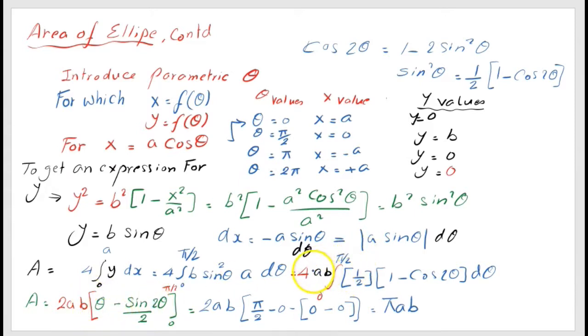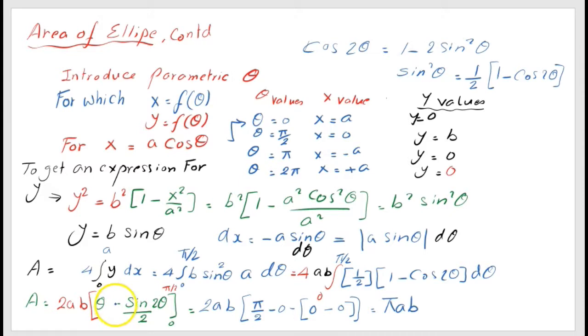Here we will multiply 4 by 1/2, which equals 2. So we have 2ab, open bracket, theta minus sine 2 theta over 2, substituted from 0 to pi over 2. First, theta is substituted by pi over 2 minus 0, so we get pi over 2 minus 0.